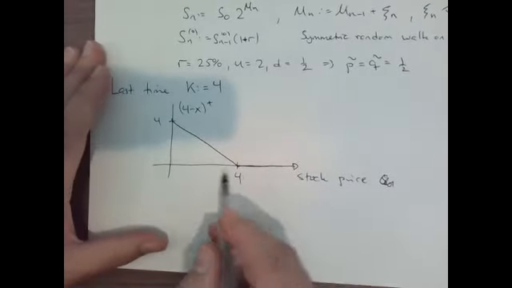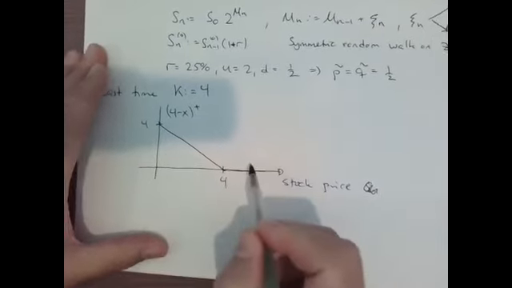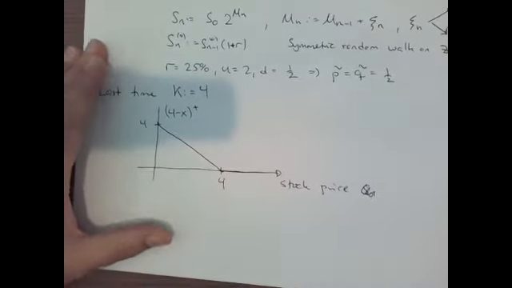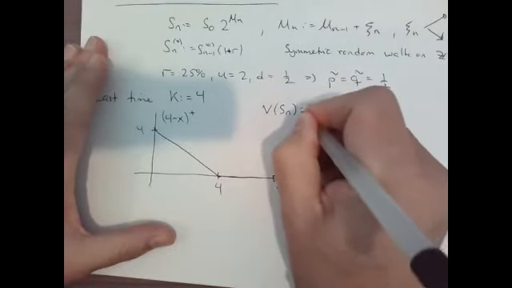And so we were looking at when x is small. We have our function v of Sn.